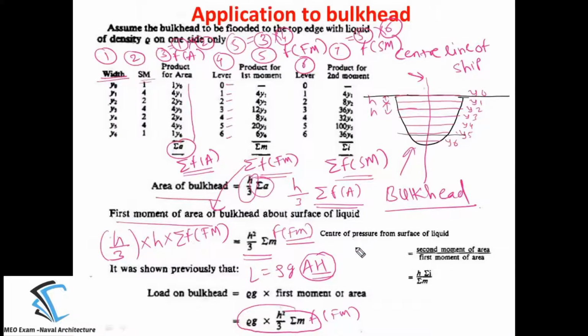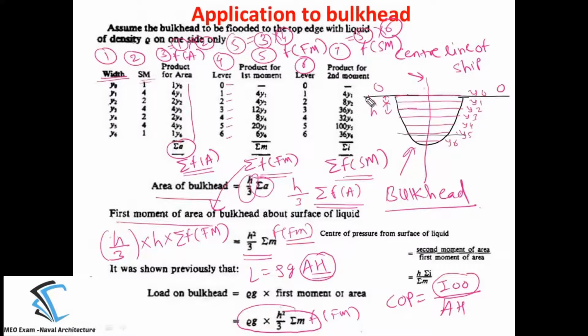The third point is the location of the center of pressure. Center of pressure is equal to the moment of inertia of the whole bulkhead about the free surface divided by Ah. Try to understand this. I00 is the moment of inertia, also called the second moment of area, about the free surface.